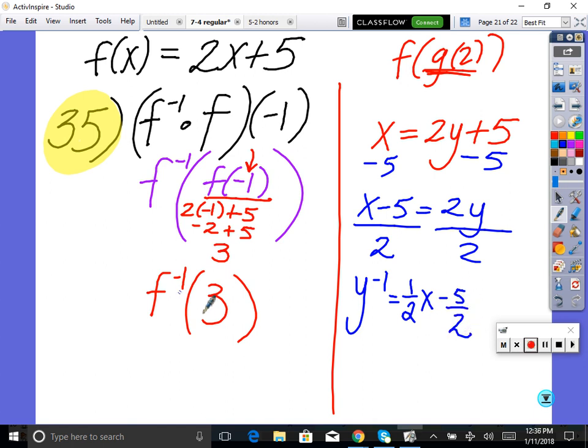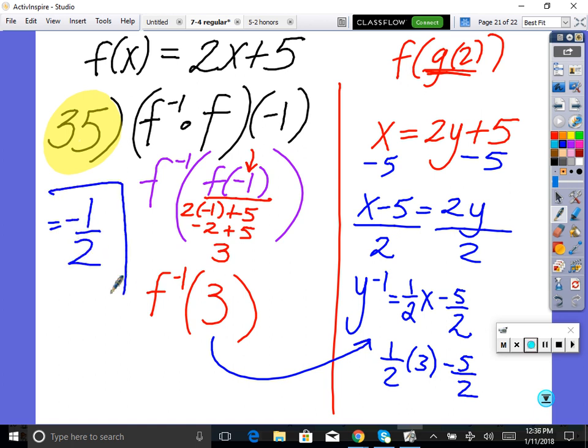Now that we know the f inverse, we can take 3 and plug it in. So 1/2 times 3 minus 5/2. Then you take it in your calculator, and we get negative 1/2. You'll get the same thing. Perfect.